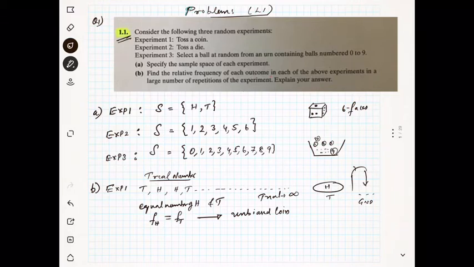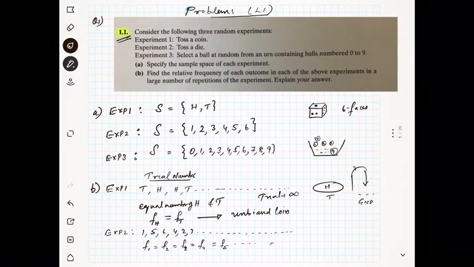That is the situation for experiment 1. And regarding experiment 2, similarly, you are tossing a die. Sometimes you may get 1, sometimes 5, 6, maybe 4, maybe 3, like this as you increase the number of trials. But the frequency of 1 will be equal to the frequency of 2, equal to the frequency of 3, equal to 4, equal to 5.